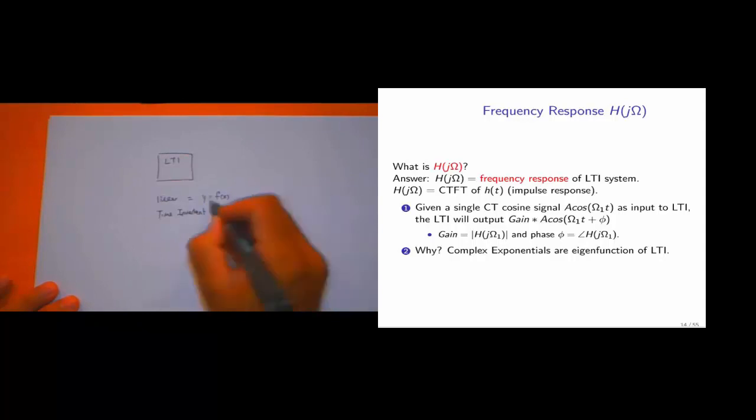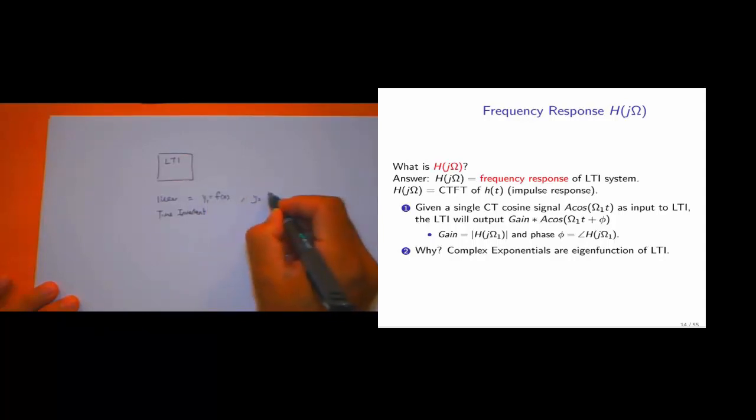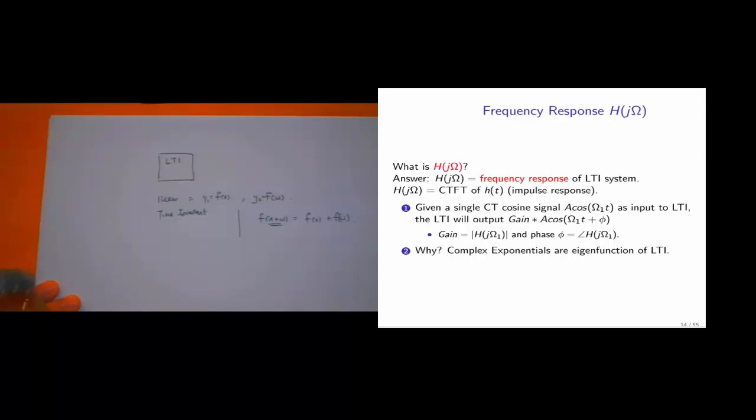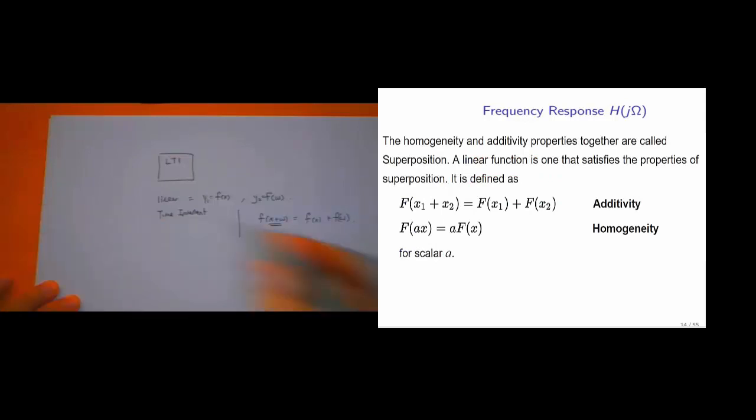If y1 equals f of x and y2 equals f of w, then f of x plus w will equal f of x plus f of w. Linear means I can break my original signal into its subparts, find the output, and then sum it. Time invariant means it doesn't matter whether I do it now or later. Given the same input, the output will be the same.